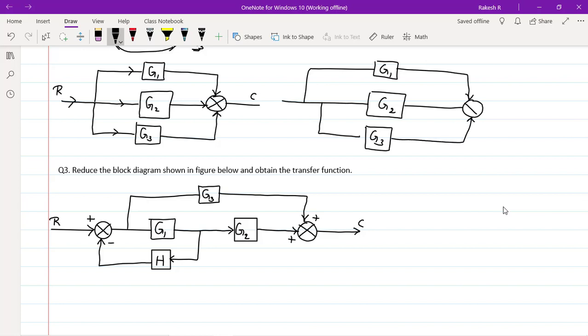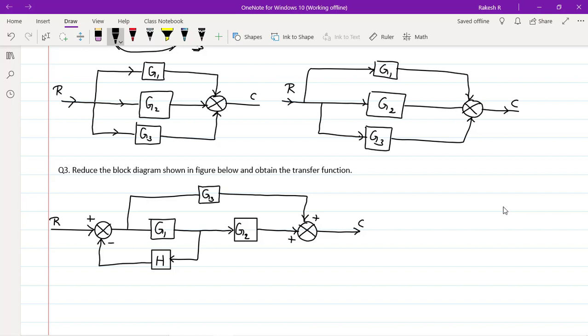This is a summing point, and the output here is C, the input here is R. The same steps you need to follow for this also. That means the associative law holds good when we interchange the takeoff points also. These two blocks are the same now.